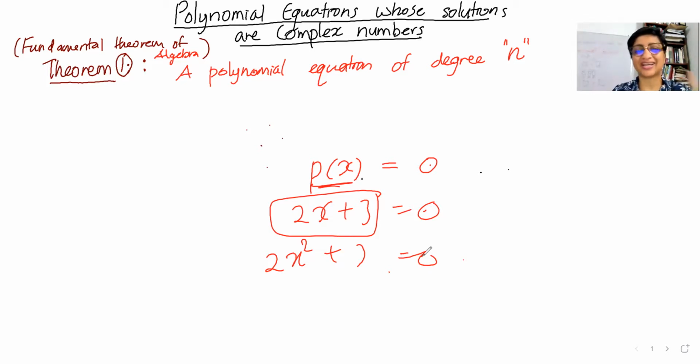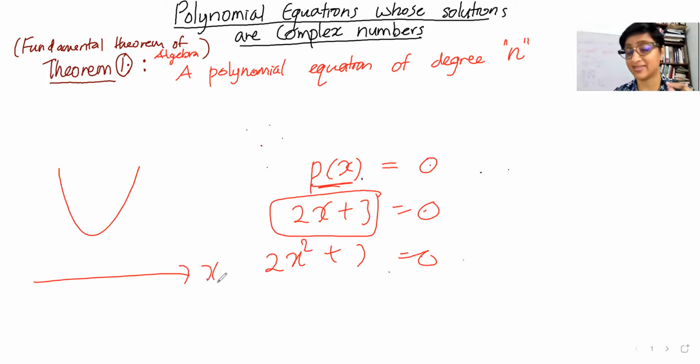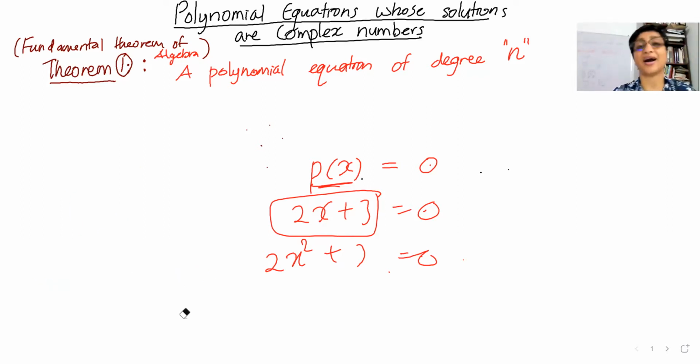But earlier we had a case when the parabola was above the x-axis, and there were still no solutions. But we say there are no real solutions. But there has to be 2. If the order is 2, order or degree, another word for degree is order, I use both words, if the order is 2, there must be 2 solutions.